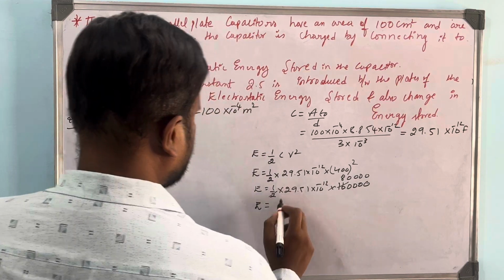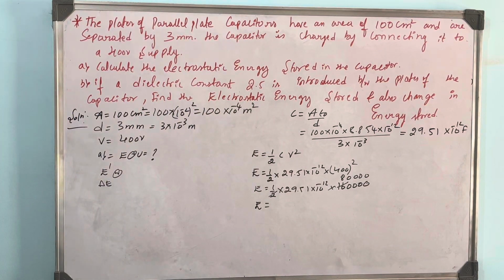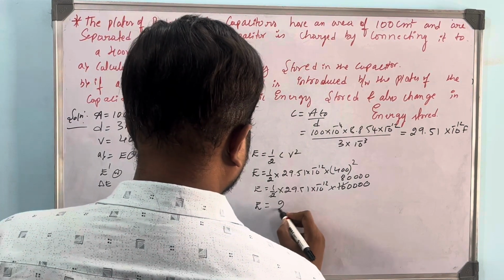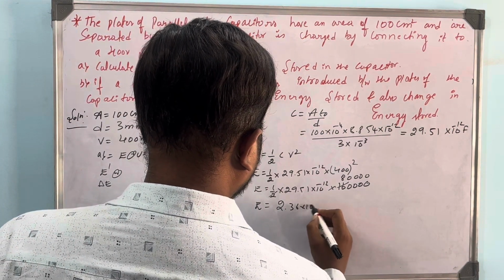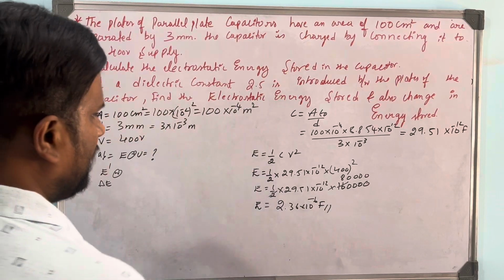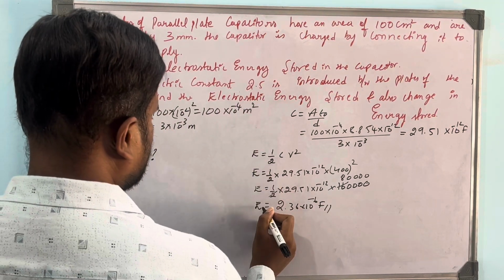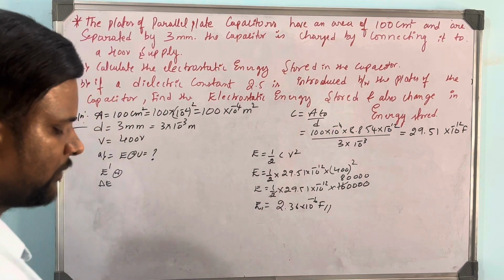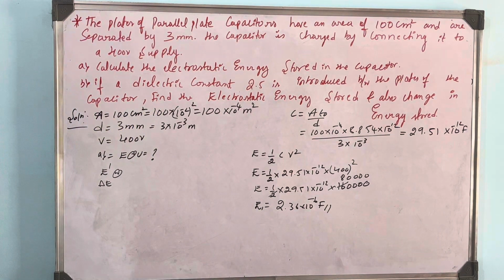If you simplify this, the E1 value you will get is 2.36 into 10 to the power of minus 6 joule. So this is E1, or you can take U. Now we got E1.